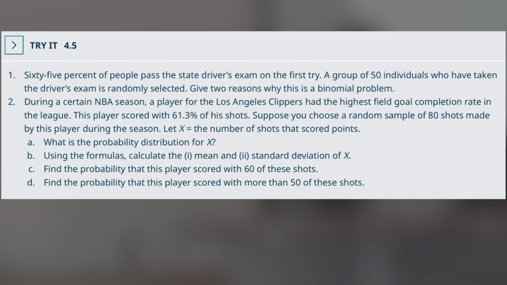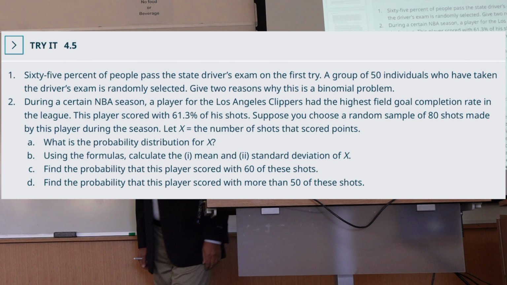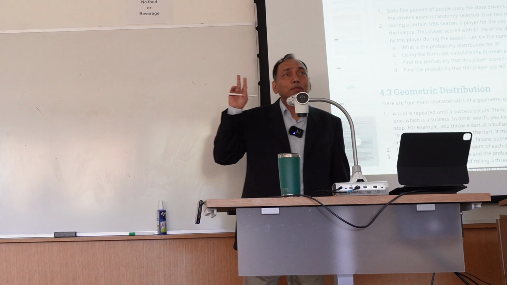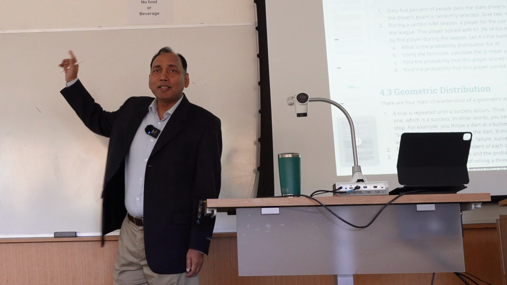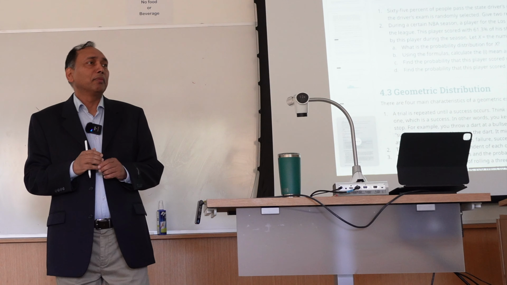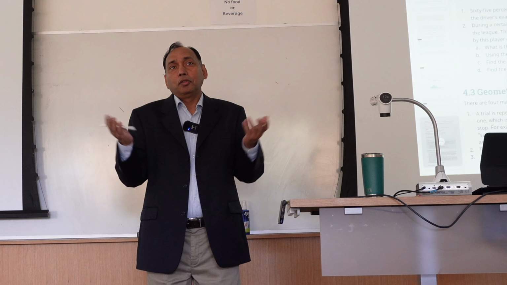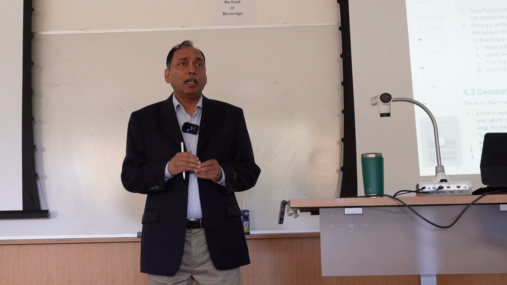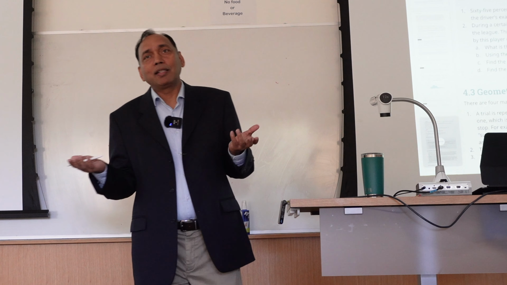50 people who have taken this exam, randomly selected. Give two reasons why this is a binomial problem. There could be many, but what could be two reasons why this is a binomial situation? Pass or fail. Somebody either fails the test or passes the test.